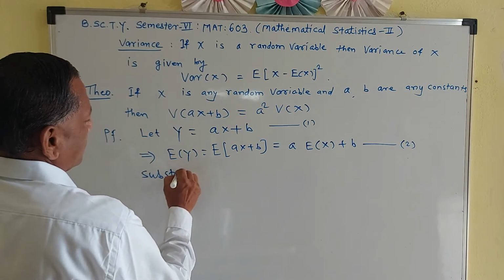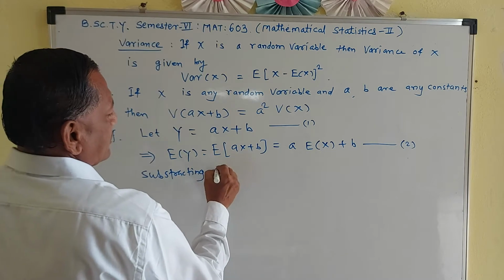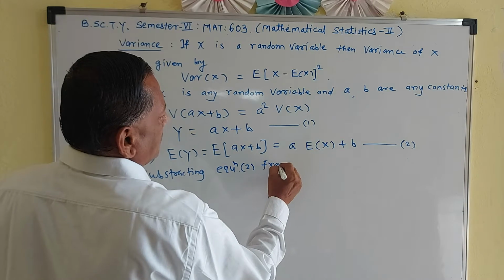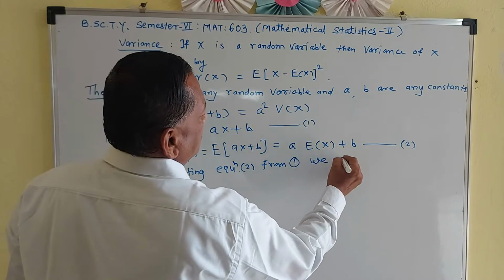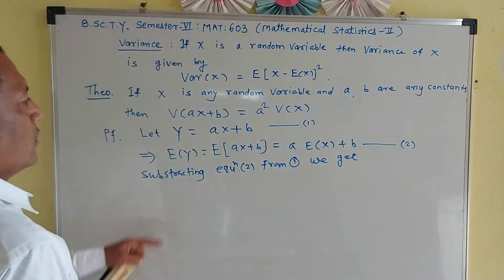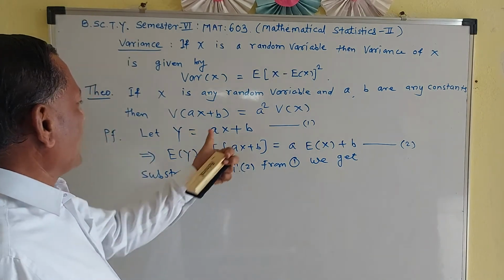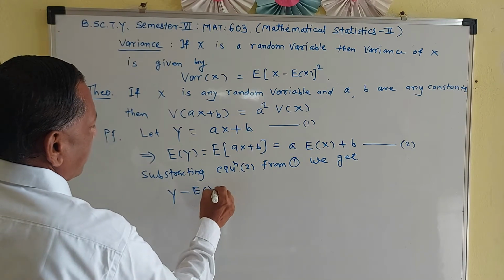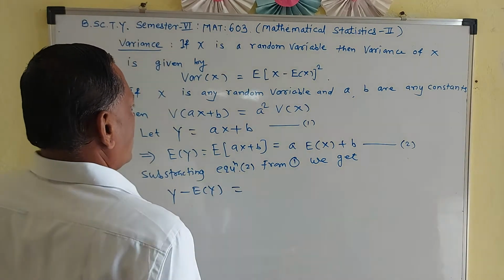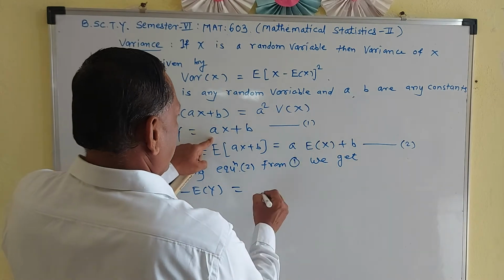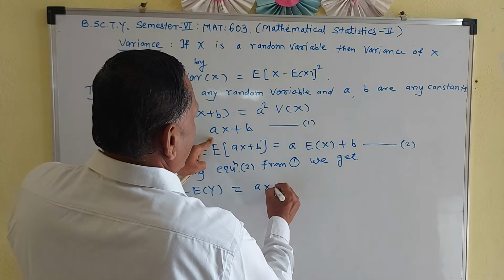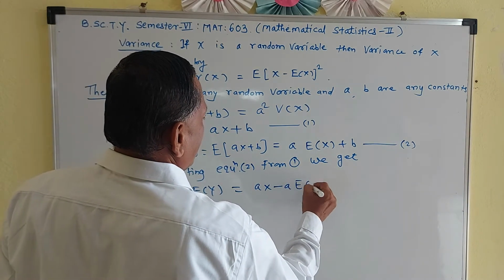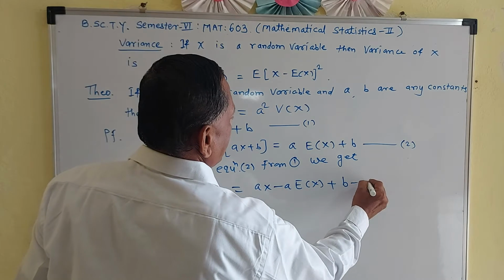Subtracting equation 2 from 1, we get, so you subtract left to left and right to right, you get y minus E of y is equal to ax minus a into E of x plus b minus b.